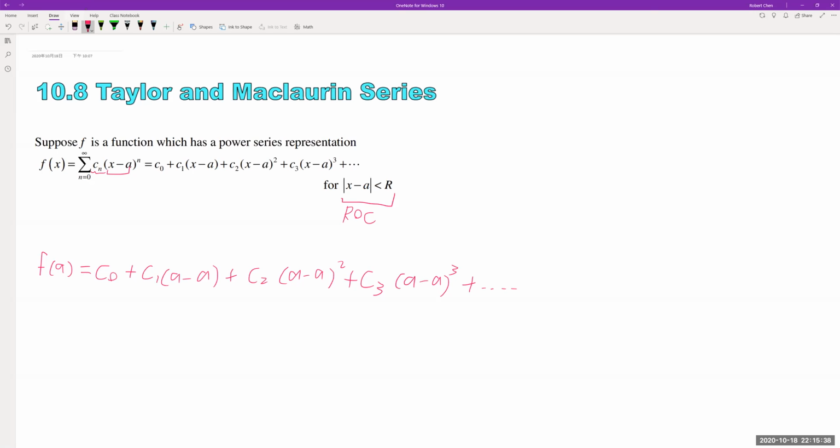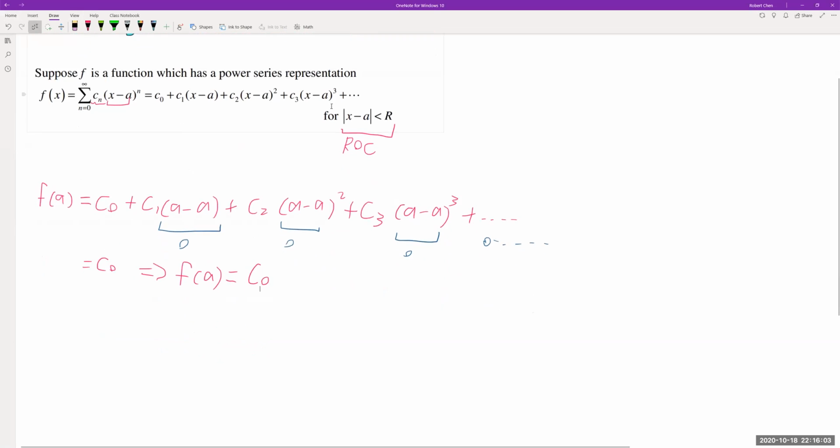You will see a pattern: when we plug in a, all the terms with x's go to zero, so zero everywhere except for the first term, the constant term, which is c0. So from this point, we can say that if we evaluate the function at a, we get c0.